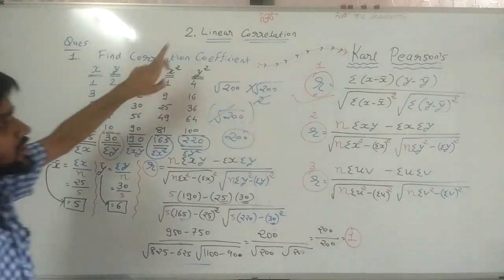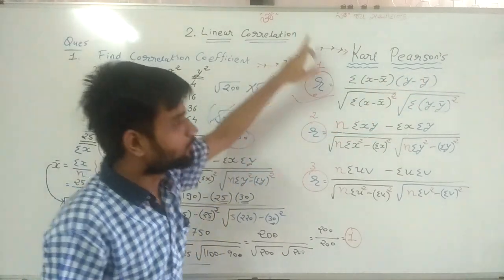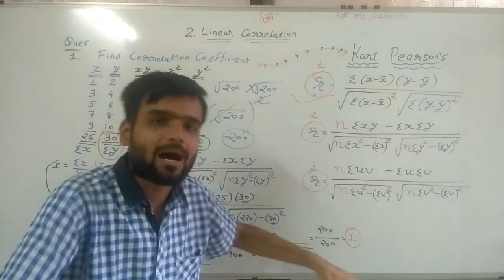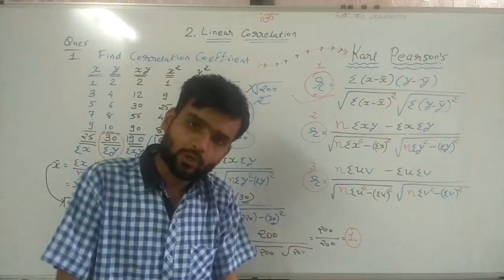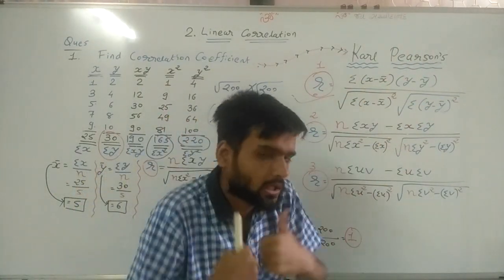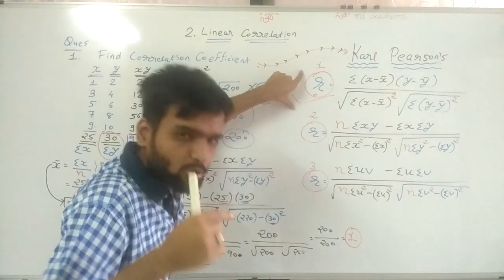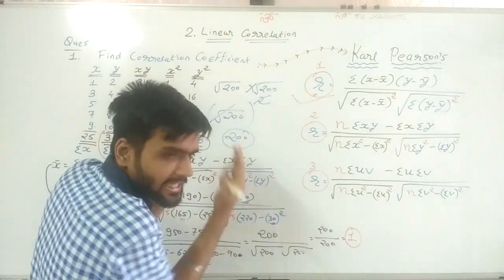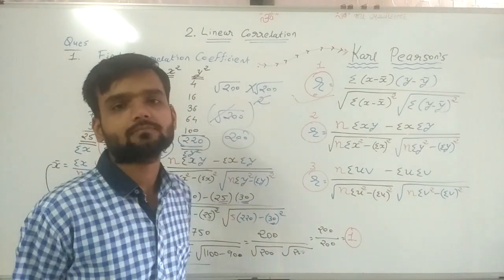The question is: find the correlation coefficient by Karl Pearson method, or by product moment method, or by Karl Pearson's product moment method. In the last lecture we learned the first formula. Now today, for the same sum, we are using the second formula.